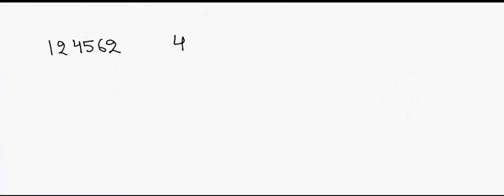In that case I have to look at the last 2 digits, and check whether they are evenly divisible by 4. So 62, if we try to divide 62 by 4, I get 15 and then I have 2 left. So that is not evenly divisible by 4. So this number cannot be evenly divided by 4.